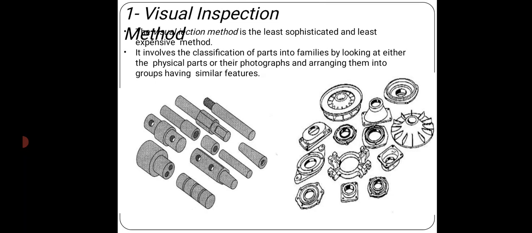We can identify the object by our eyes. There is no other difficult step, and we can easily identify the parts as per the part families, that means design or manufacturing activities.